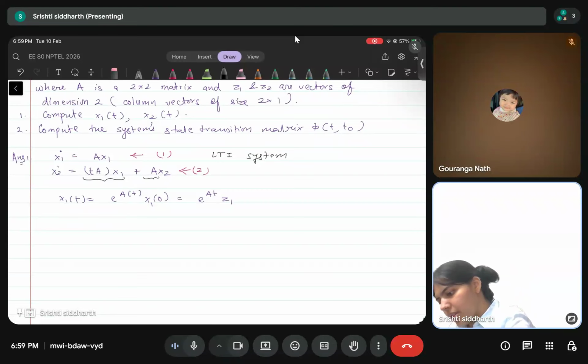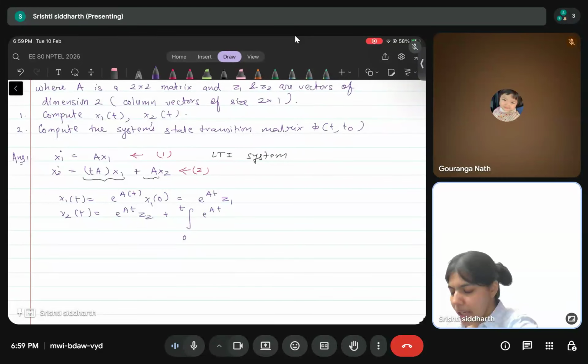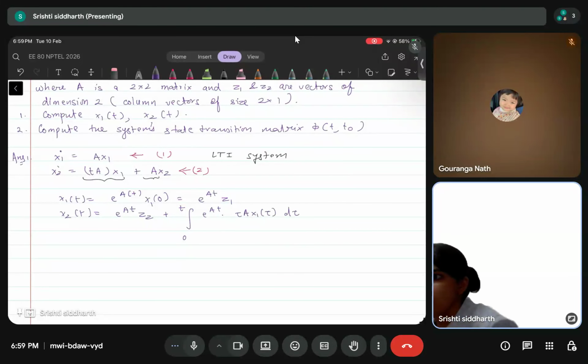So this means that x2(t) is simply e to the power At times Z2 plus the integral of e to the power A(t minus tau) times B, where B u(tau) is given as A times x1(tau).